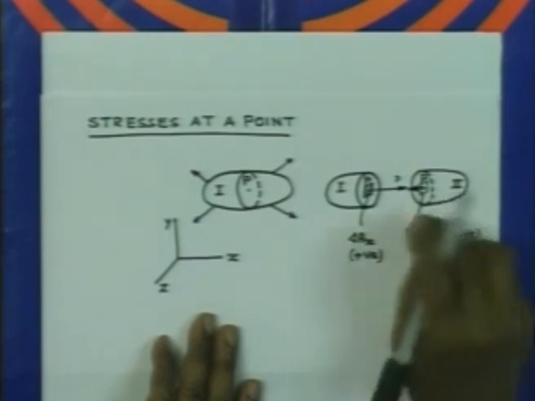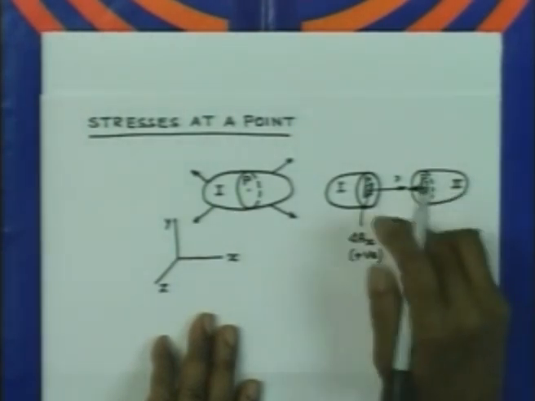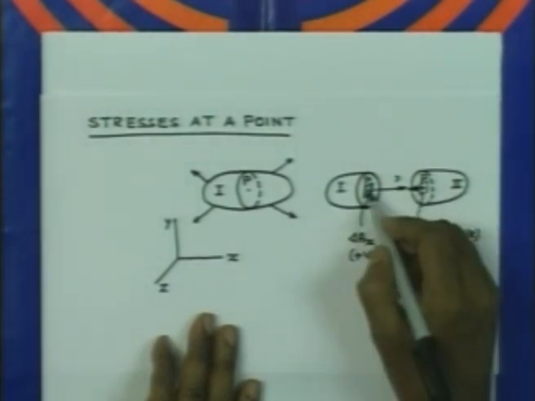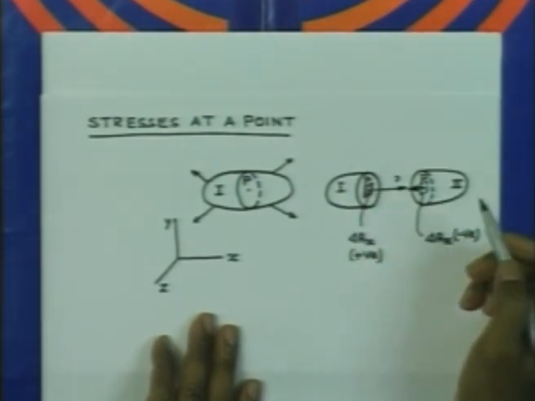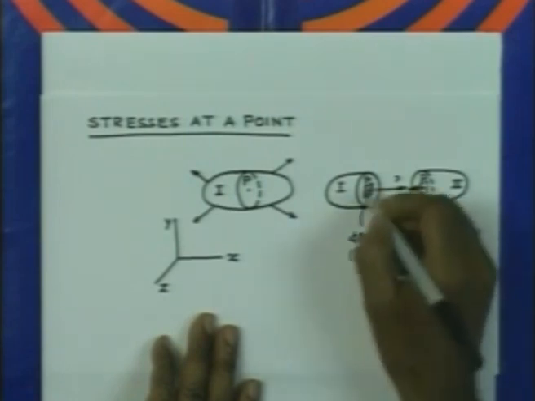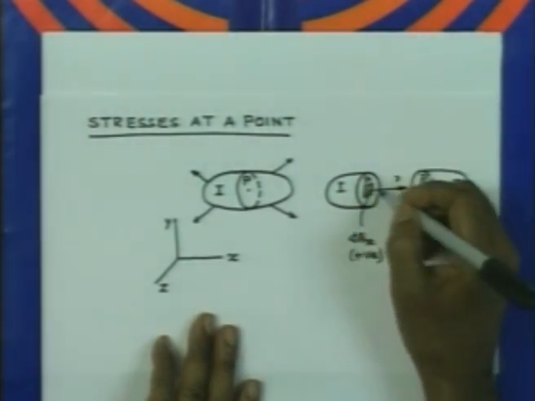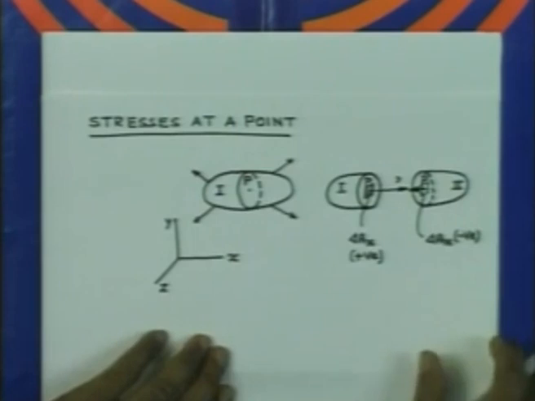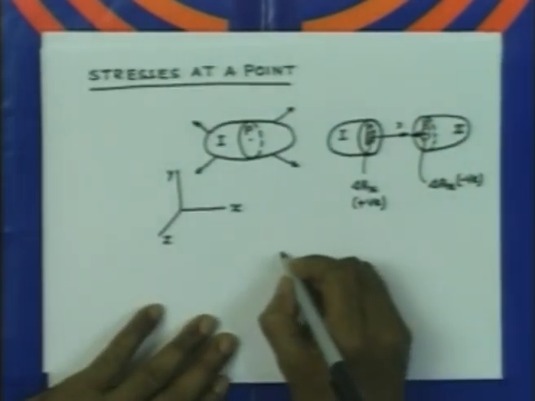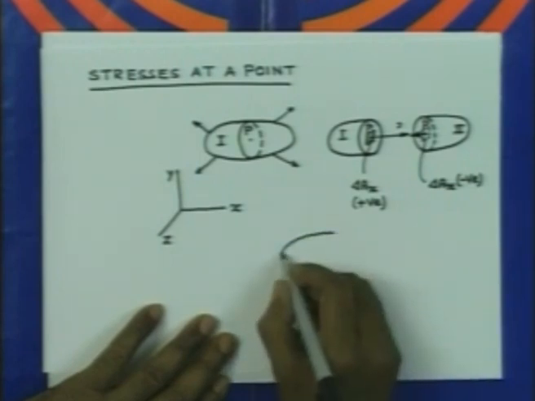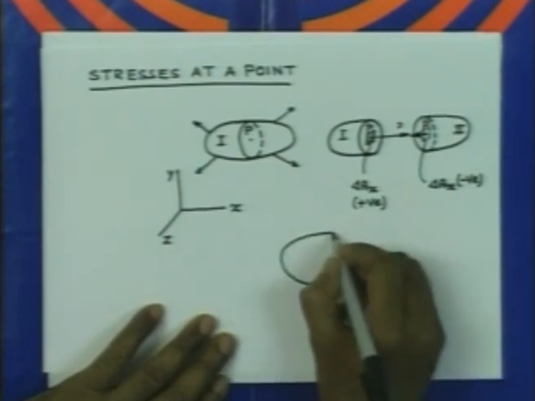Now, the force which is applied by part 2 on this is going to have arbitrary orientation, and this can be resolved into 3 components. So, we draw it to a larger scale. Let us draw this again to a larger scale.